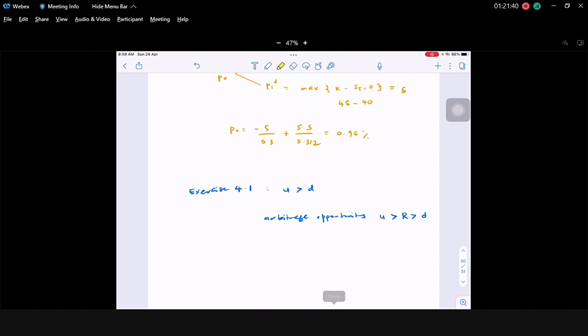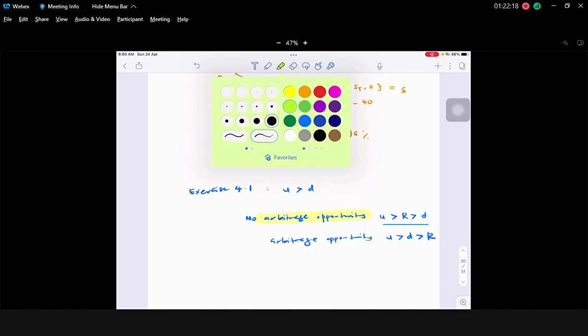Cuba tengok untuk case yang ni, macam mana kita nak justify untuk case no arbitrage opportunity dan kita punya formulation tadi valid. Untuk case arbitrage opportunity, maksudnya condition ini tak dipenuhi lah. Andai kata U greater than D greater than R, buktikan case ini adalah case yang melibatkan arbitrage.